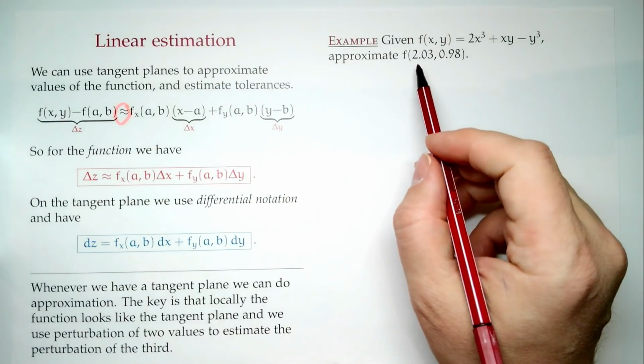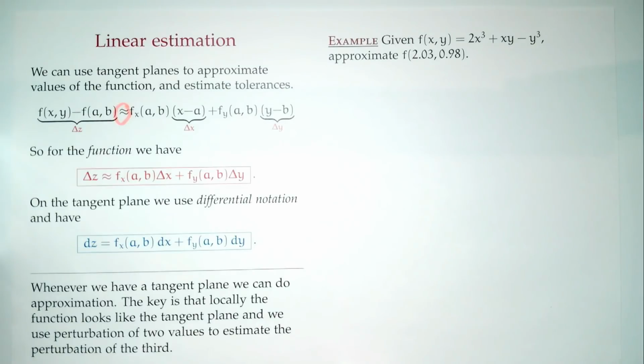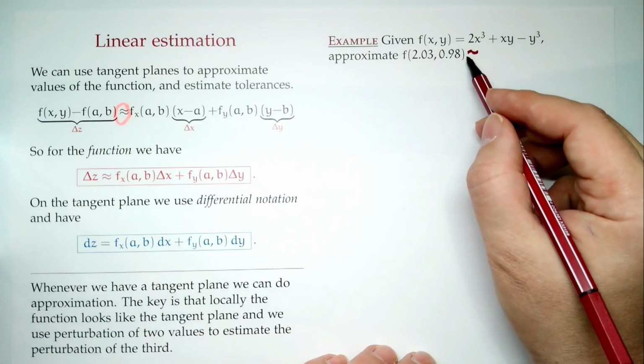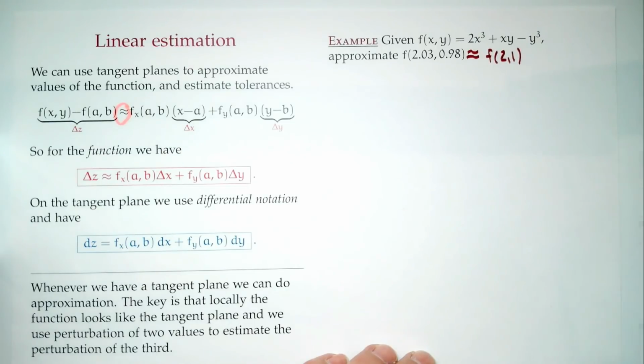All right, what do we do? Well, we look at these numbers, 2.03, 0.98. What are they close to? 2 and 1. So I say, here's a really bad approximation, f of 2, 1. Well, it's not terrible, but okay, first level. And so we plug those in.